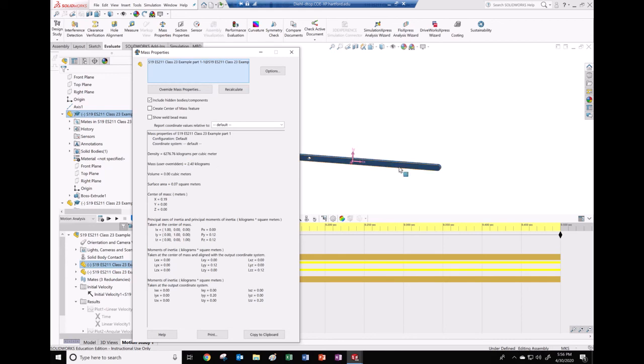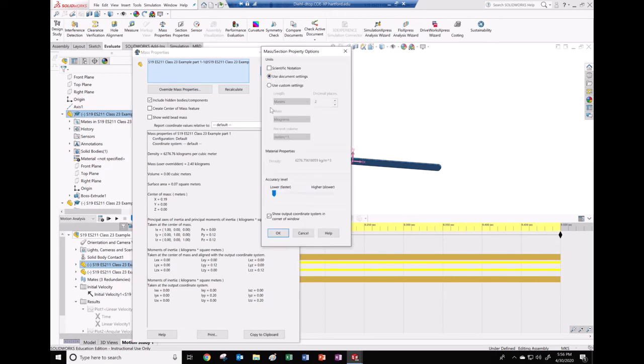I made this bar right here. Oh, and by the way, if you take it about the z-axis, it should be 0.1125, right? We need more decimal places. Use custom units.